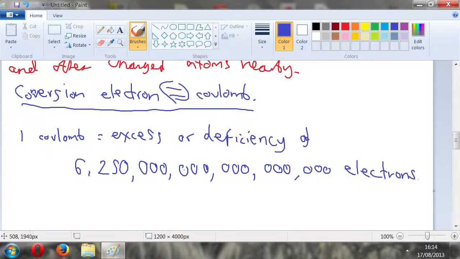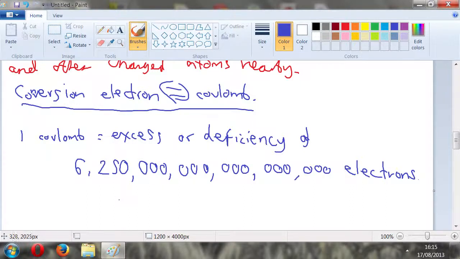With 12 noughts, 1,000,000,000. With 15 noughts, 1,000 billion. With 18 noughts, we'll just assume they're noughts for now, that is 1,000,000 billion.